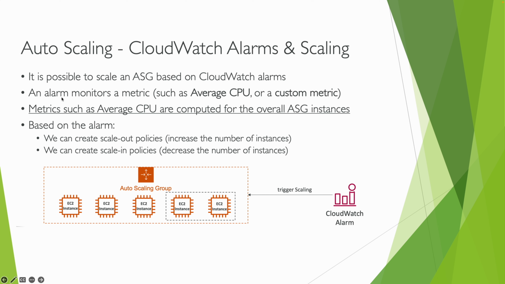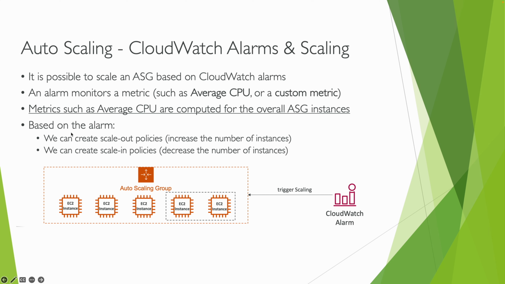An alarm monitors a metric such as average CPU and custom metrics, as we have seen. So these alarms will monitor some metrics, something like average CPU usage, and we can use custom metrics using CloudWatch. Metrics such as average CPU are computed for the overall auto scaling group instances.